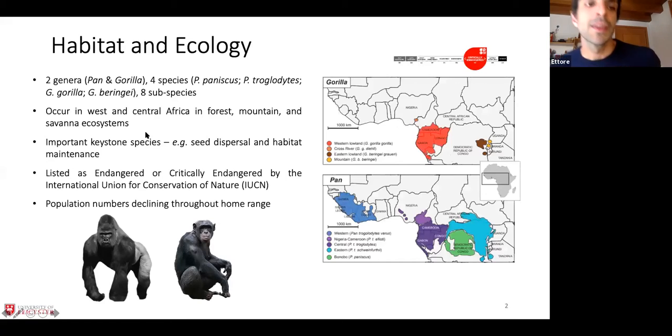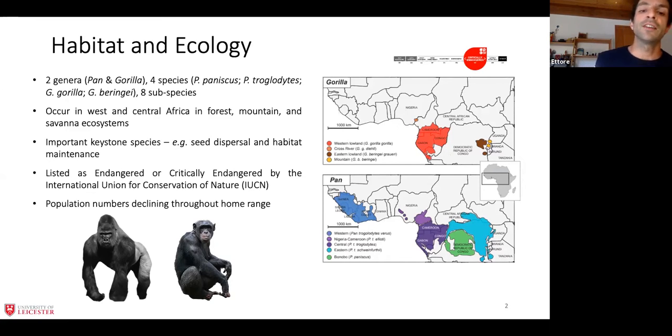As I just said, my target species are African great apes belonging to the two genera Pan, which includes bonobos and chimpanzees, and Gorilla. There are 4 different species and 8 different subspecies occurring in Western and Central Africa in forest, mountain, and savanna ecosystems, where they play a fundamental role in maintaining the ecosystem.